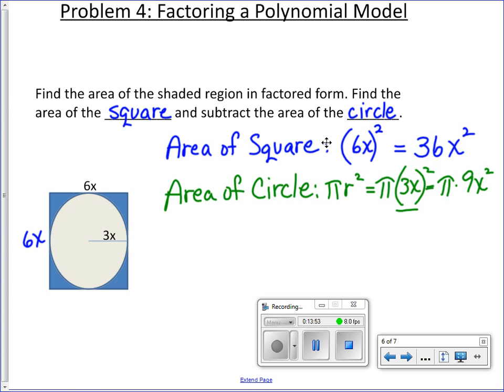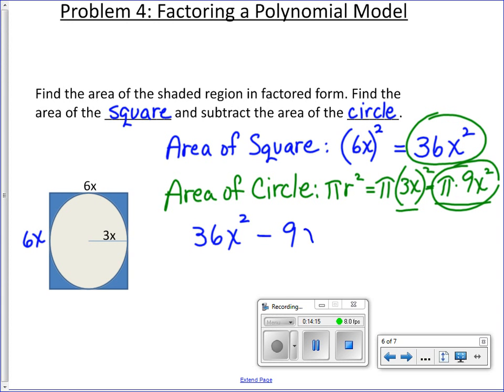So I'm going to rewrite this here in just a minute, but basically what we have is 36x squared minus this expression right here. So let me rewrite this. I have 36x squared minus 9x squared, and I'm going to put my pi here at the end. And we could substitute 3.14 for it, but we're just going to leave this in terms of pi, meaning that pi is going to be in our answer.